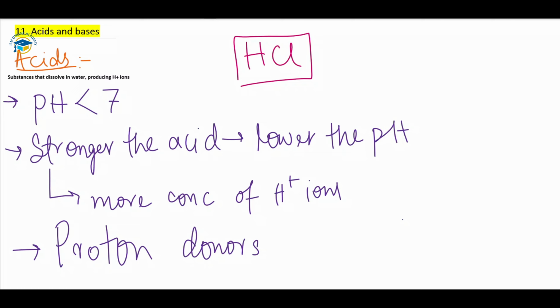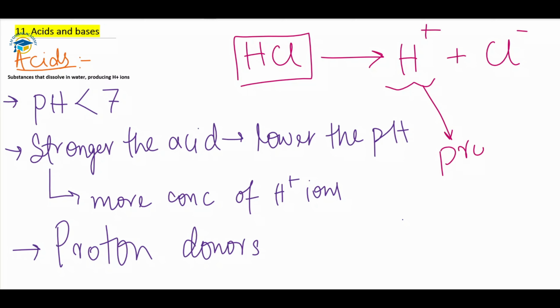When we have a solution of hydrochloric acid, HCl, when it dissolves or mixes with the water, it dissociates completely into the ions H positive and chloride ions, hydrogen ions and chloride ions. So acids always give protons when they are dissolved in the water. That's why we call them proton donors.